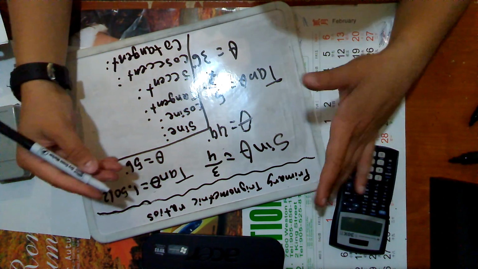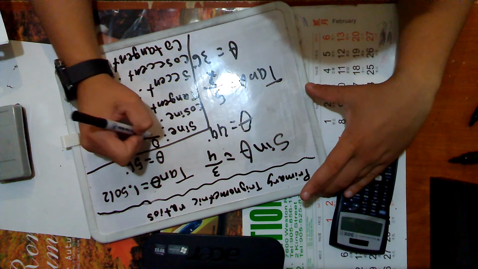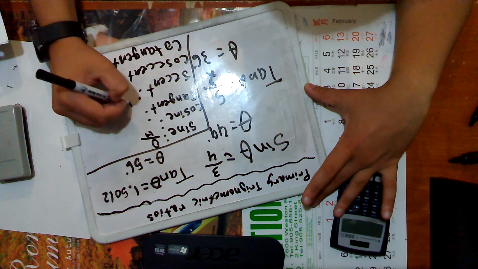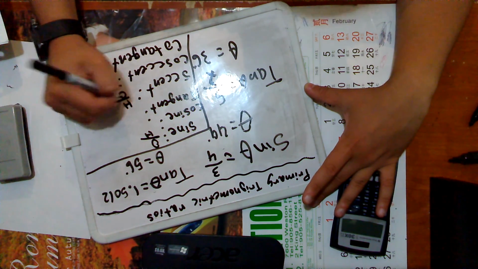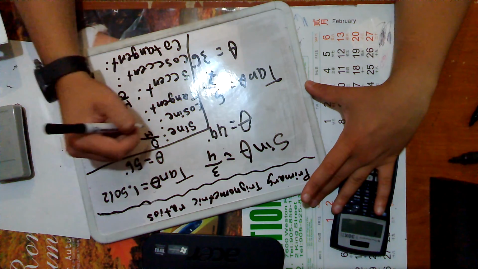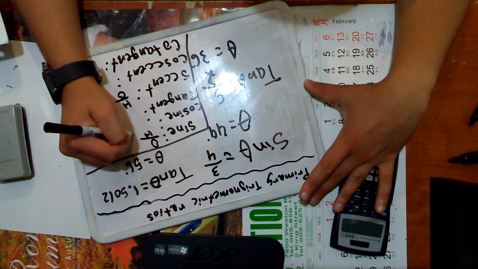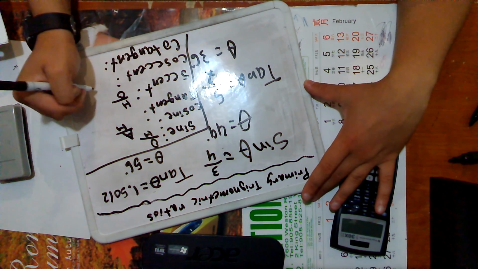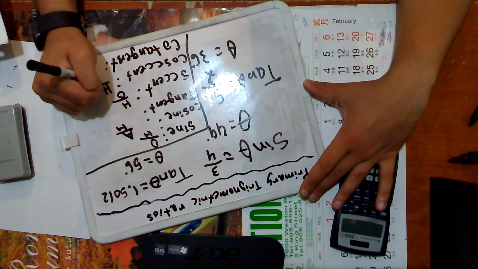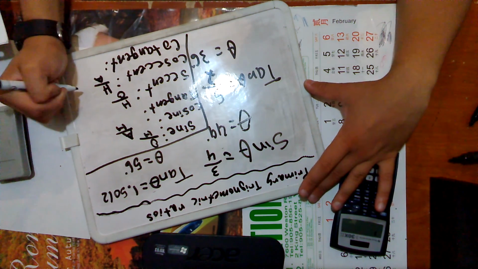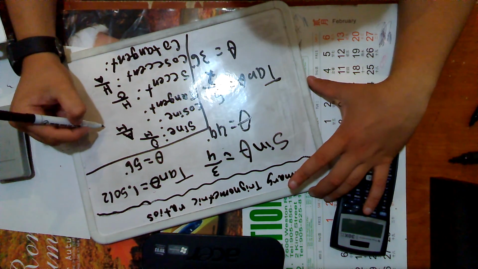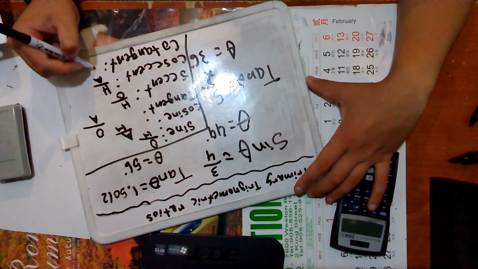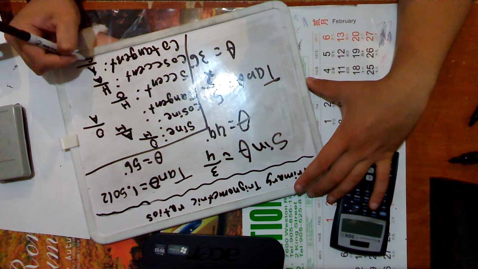So sine is opposite over hypotenuse, right? Secant, which is the reciprocal of sine, is just hypotenuse over opposite. Cosine is adjacent over hypotenuse. Cosecant is hypotenuse over adjacent. Tangent is opposite over adjacent, and cotangent is adjacent over opposite.